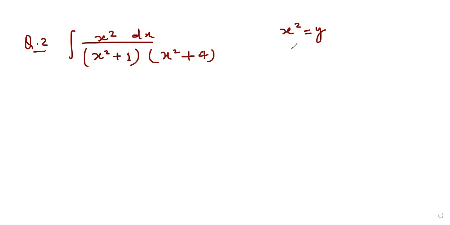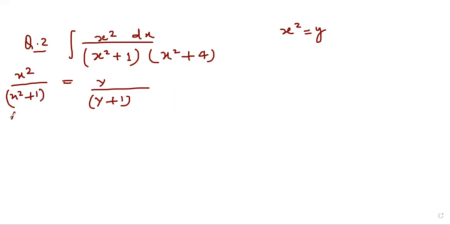Then our question will become y divided by (y plus 1) times (y plus 4). This portion, x square divided by (x square plus 1) times (x square plus 4), can be written as y upon (y plus 1) times (y plus 4).